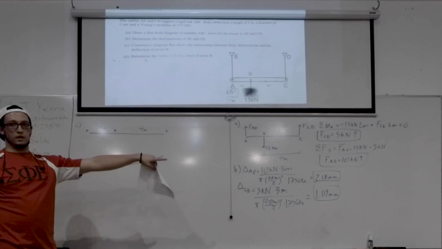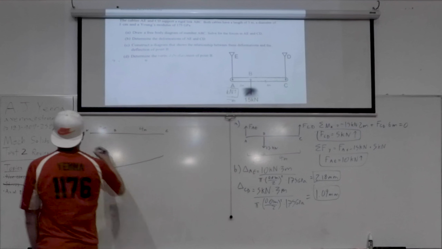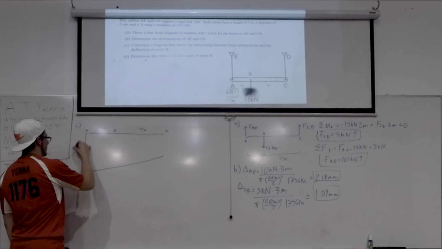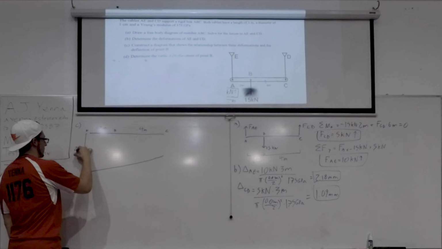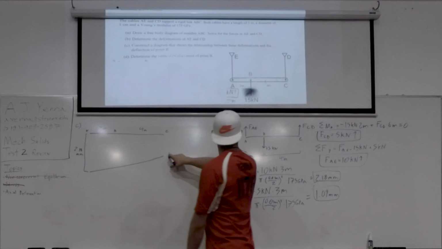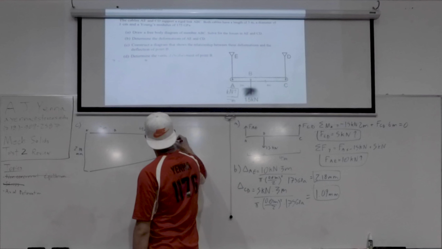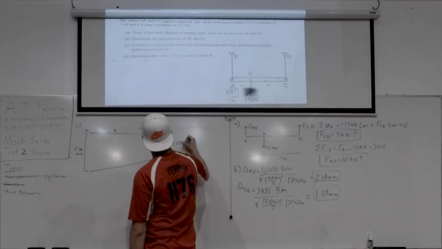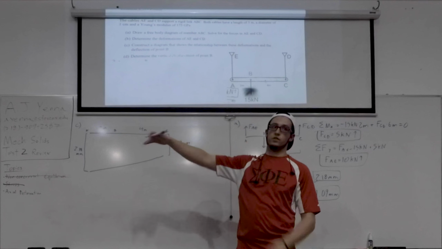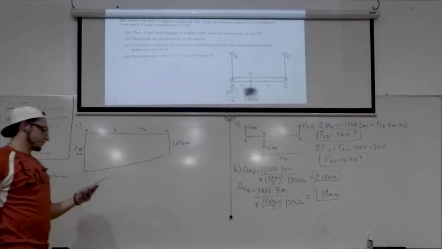We just calculated our deformation. The deformation in AE is 2.18 millimeters, and the deformation in CD is 1.09 millimeters. Again, this is very much not drawn to scale, but just for the sake of what we're showing.